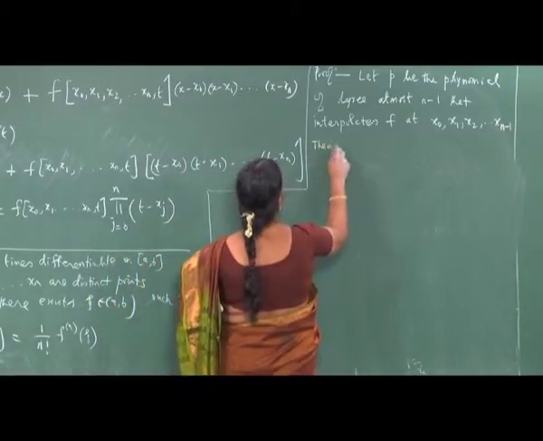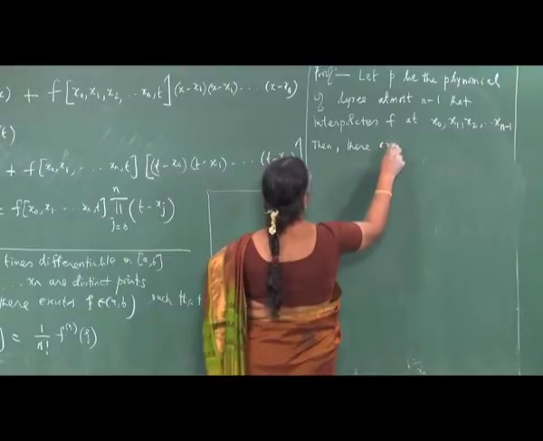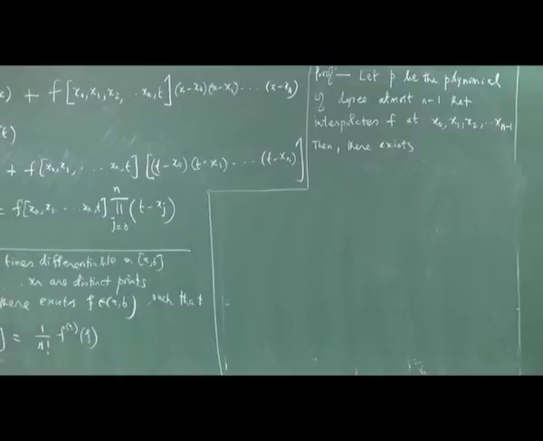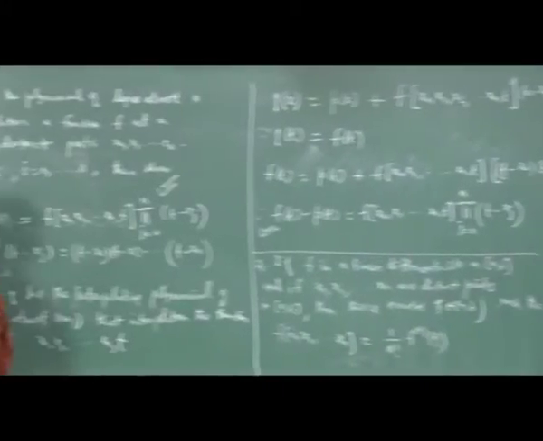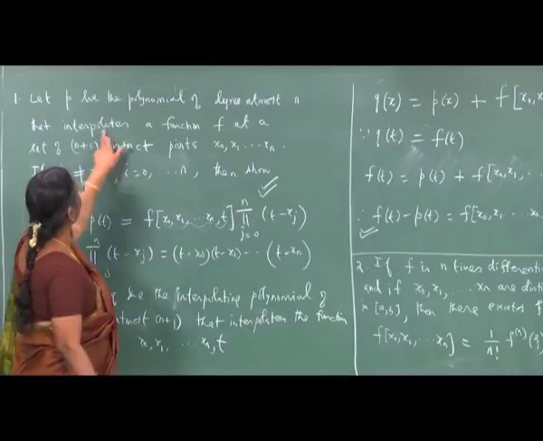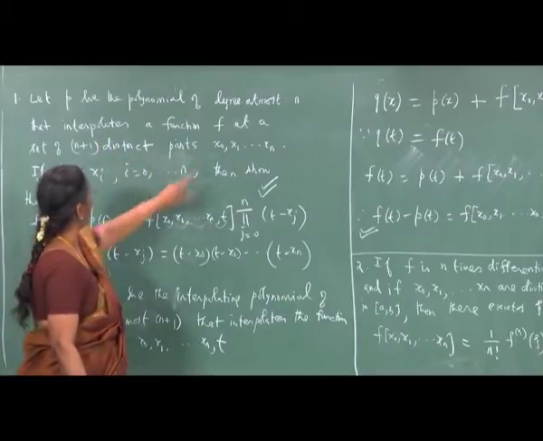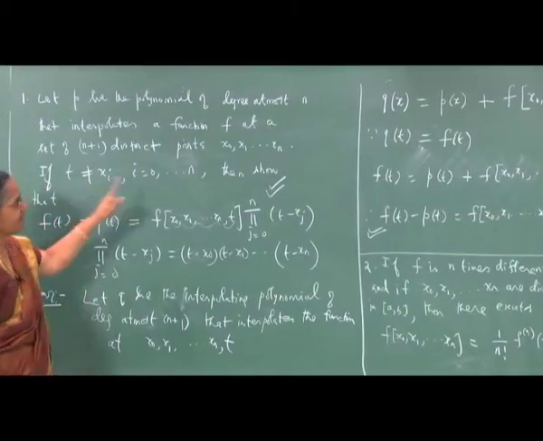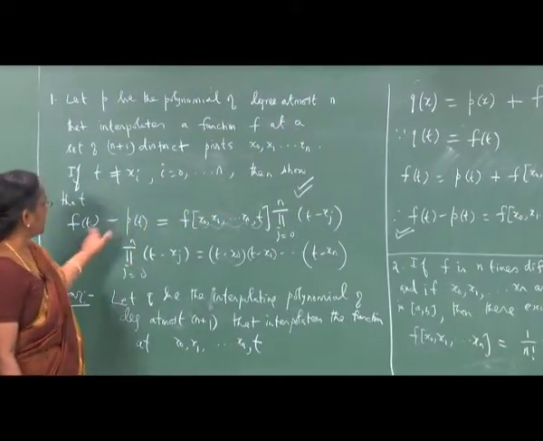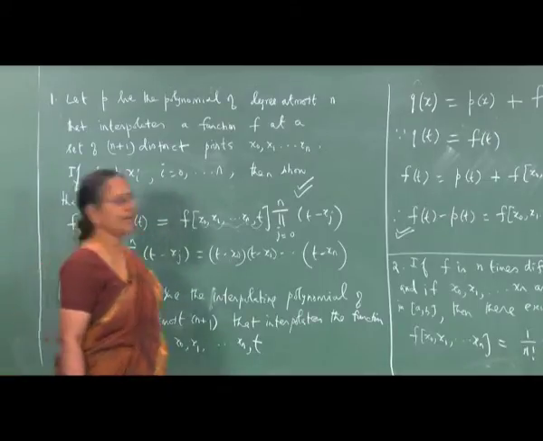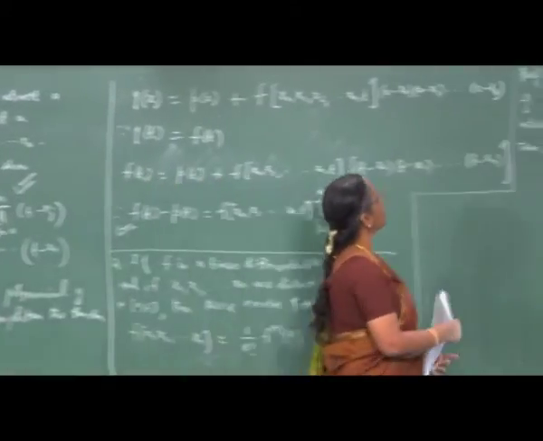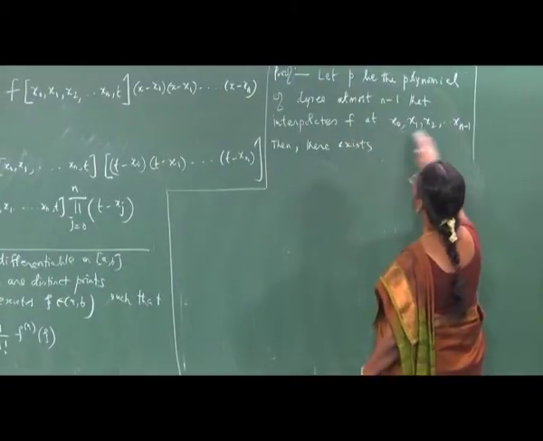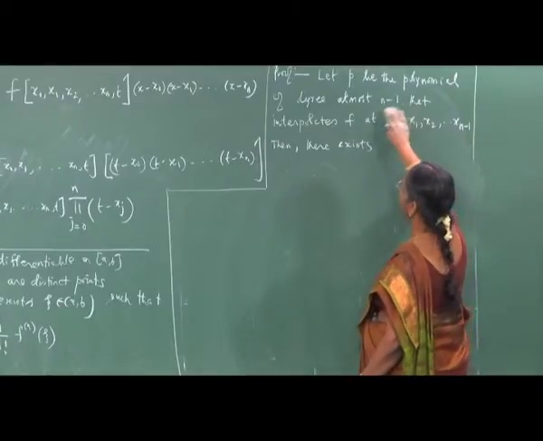Then there exists, so I am going to now use the previous result. If P is a polynomial of degree at most n that interpolates a function at n plus 1 points, then at any t which is different from the xi which I have used, f of t minus p of t can be expressed this way. So, now I am denoting the polynomial that interpolates the function at a set of n points, a polynomial of degree n minus 1.